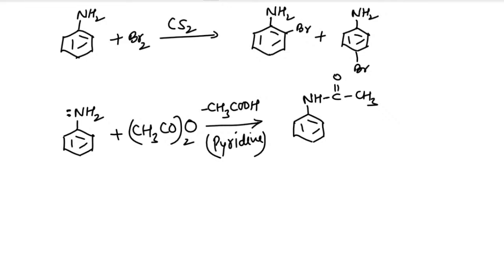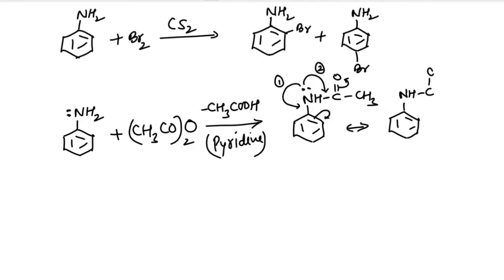Now, what happened in acetylation? See, this lone pair on nitrogen which activates the ring, now it is involved in cross conjugation. See, it can go like this or on the other side. That means now the activating influence of NH2 is somewhat decreased.